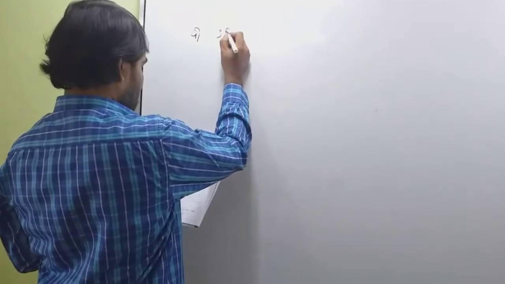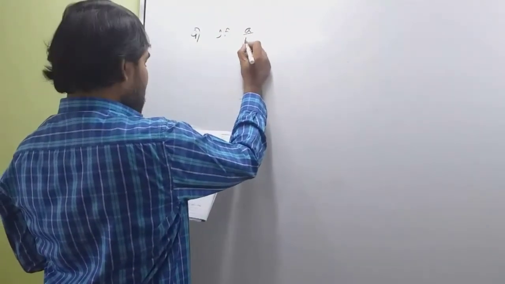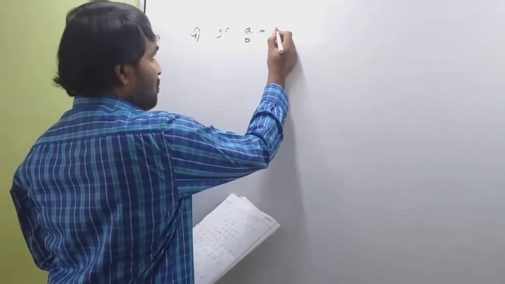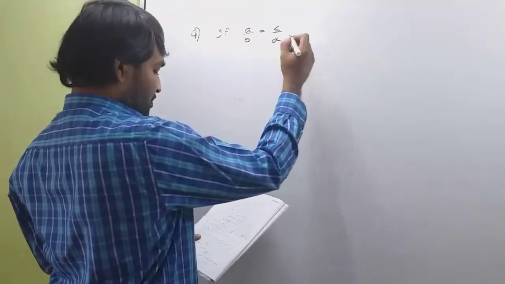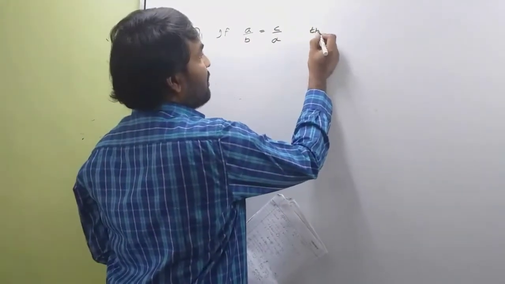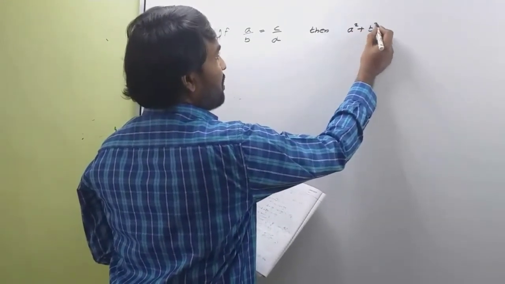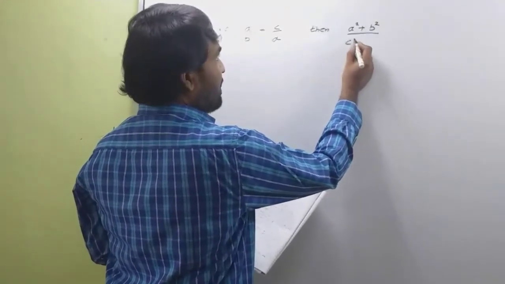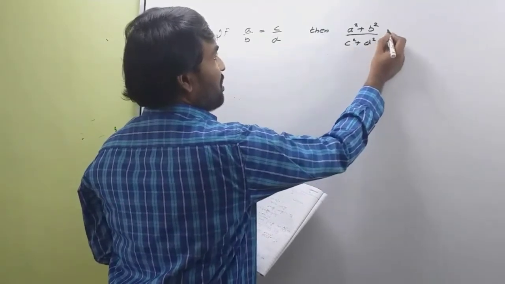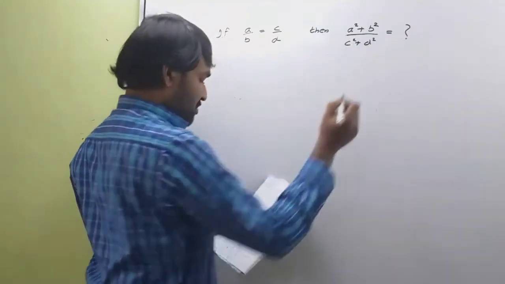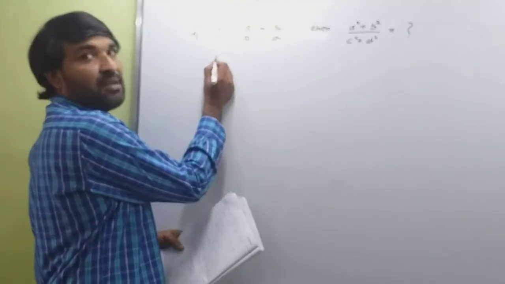If a by b is equal to c by d, then a square plus b square divided by c square plus d square is equal to what? Choices are given.